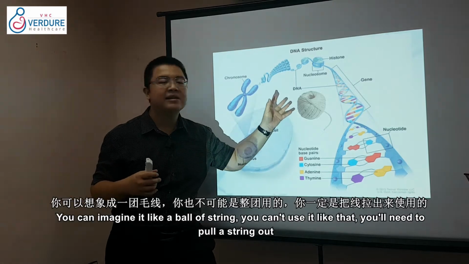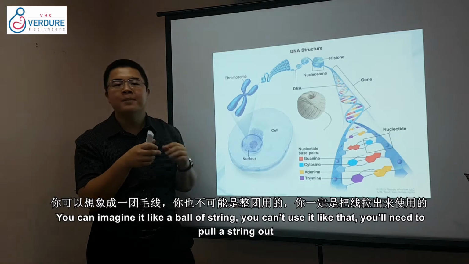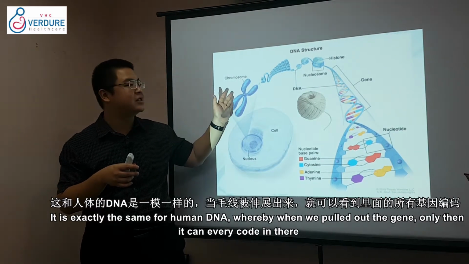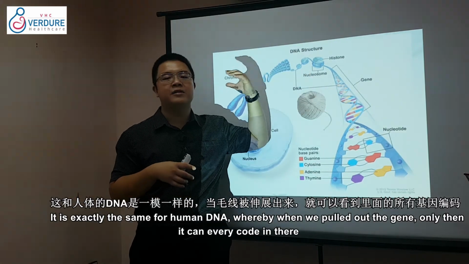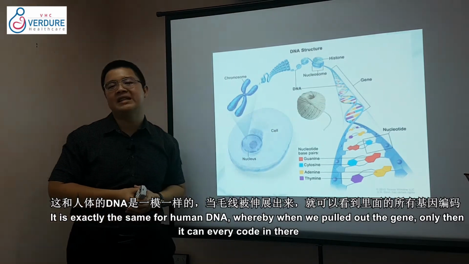You can imagine a ball of string: you can't use the whole ball, you need to pull the string out. It is exactly the same for human DNA: only when you pull out the genes can the gene reading machine in our body read whatever code is in there.